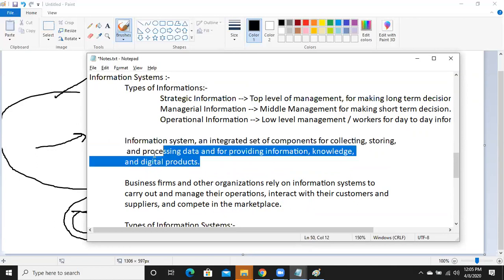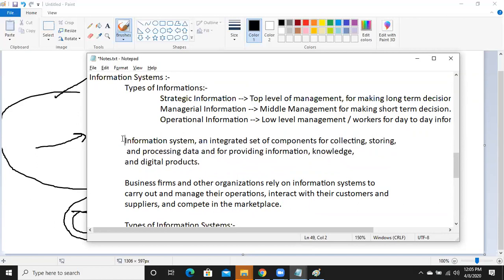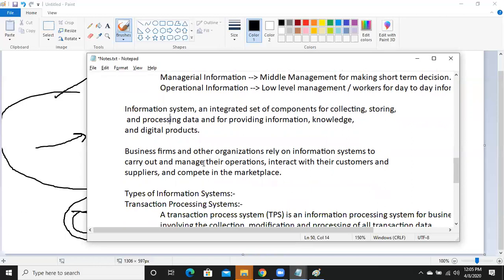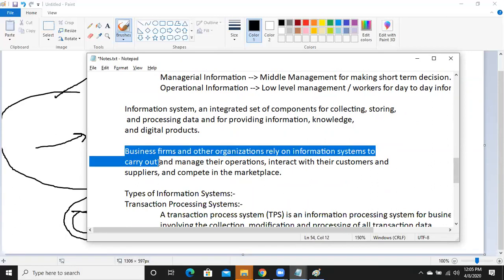Okay, so the work of information system is just to collect, store, process data, and to provide reports to the management. Okay, so as we have discussed, business firms and other organizations rely on the information system to carry out and manage their operation. How?